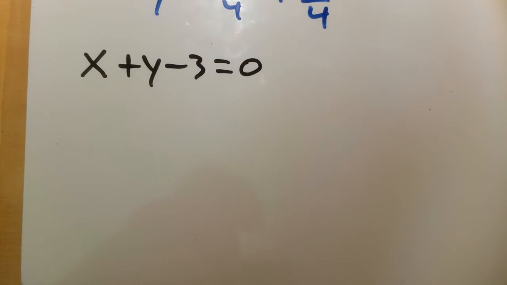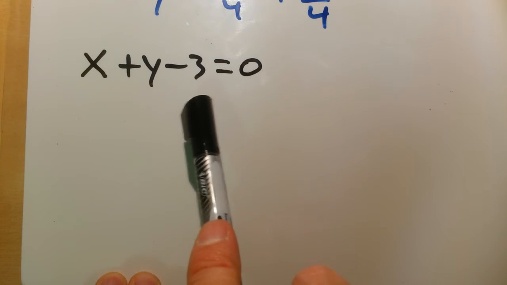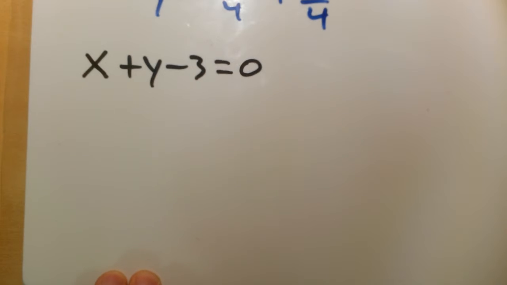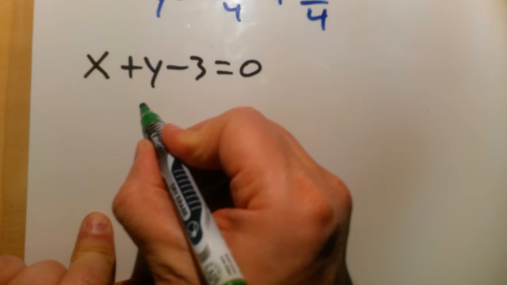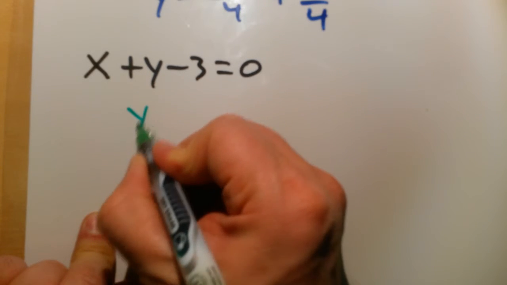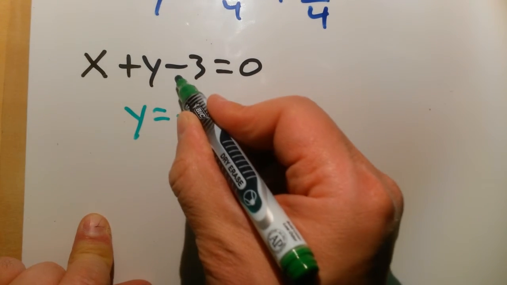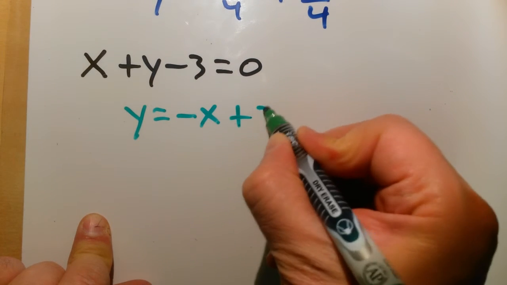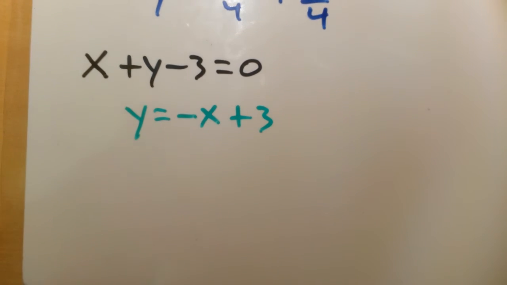They're asking us to convert this equation from standard form into slope y-intercept form. So let's move everything to the other side of the equal sign. I'll use green this time. So y equals, this becomes negative x, and when we move the negative 3 to the other side of the equal sign, it becomes positive 3. And that's it, we're done with this one.